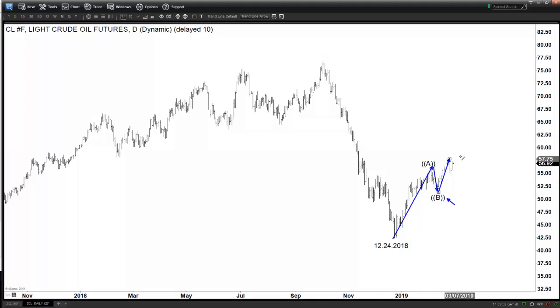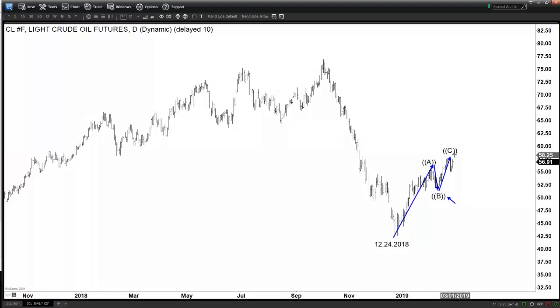In other words, we have a sequence of higher highs and higher lows. So technically speaking, if the ABC zigzag is not truncated, in other words, this is what we call truncation, in which the C leg is so short, then typically a zigzag ABC should be reaching 100% equal leg.